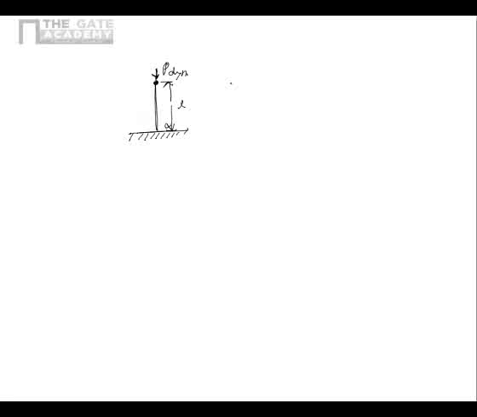Now, what is the meaning of P dynamic? P dynamic is normally the force which is suddenly applied. So P dynamic is usually some N times P static, the load which acts very slowly. If this is the condition, then what is the condition for buckling in this case?